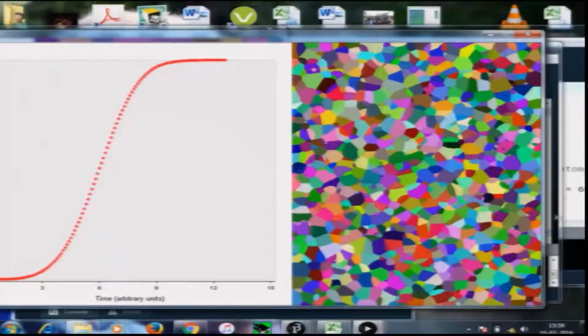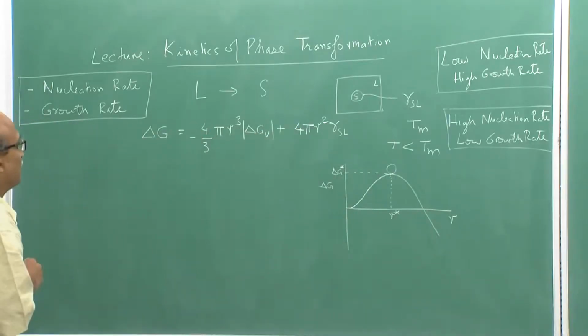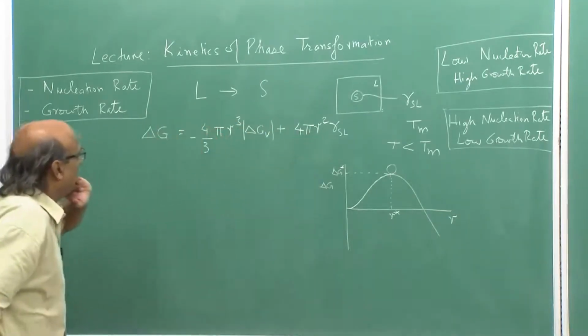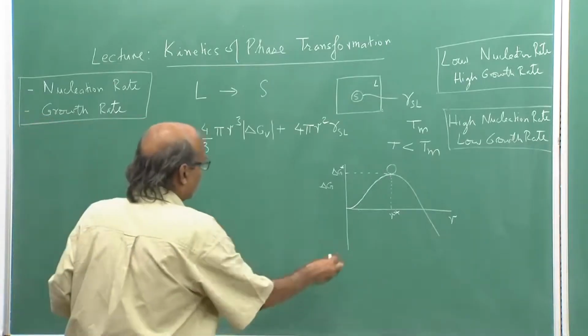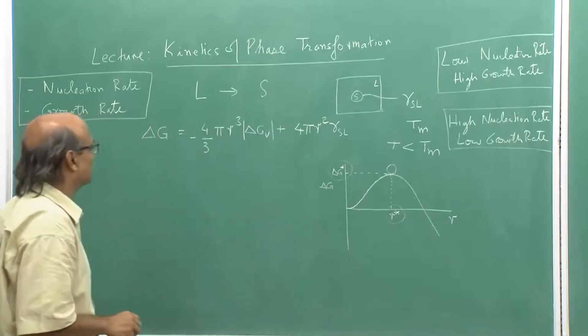Now, coming back to the board, we will proceed further with this relation, and in your previous lectures you have already determined what is R star and what is delta G star.